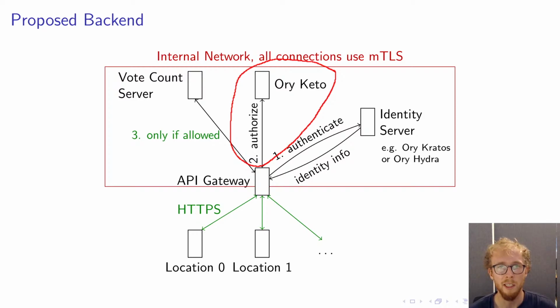There is mTLS used, so even if an attacker was able to get into some of the internal network somehow, we can set up network policies to restrict communication. We can ensure that communication is only happening as it should be, and with mTLS, or any other system obviously would work as well, we authenticate the microservices against each other.